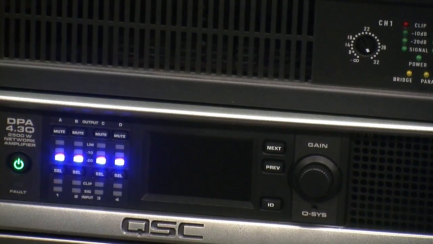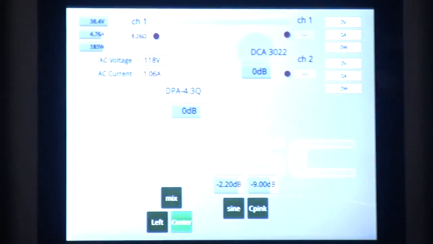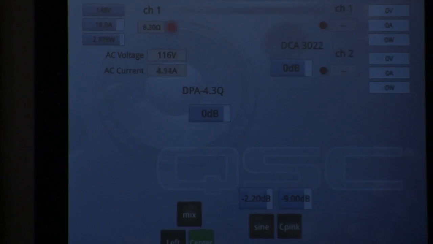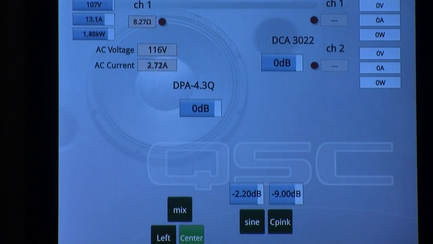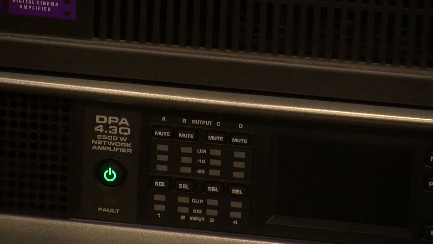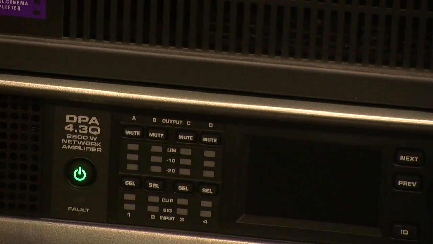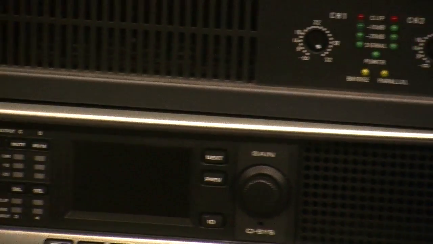So we're doing pretty good with the current draw. It's hovering around 1 amp most of the time with an occasional loud peak. We just saw a large peak just now where we're getting a little bit of clipping. But even so, most of the time, unless we're into the heavy overdrive, we're really seeing mostly less than an amp.